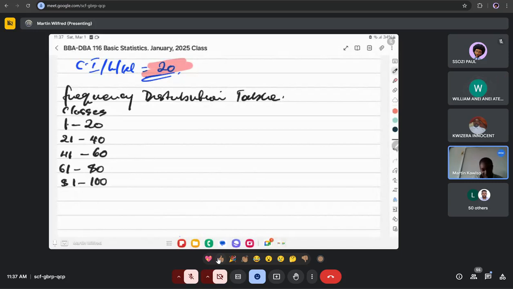Now, those values that are running from 1, 21, 41, 61, and 81 are what we call the lower limit values. And values that are running from 20, 40, 60, 80, and 100 are what we call the upper limit.